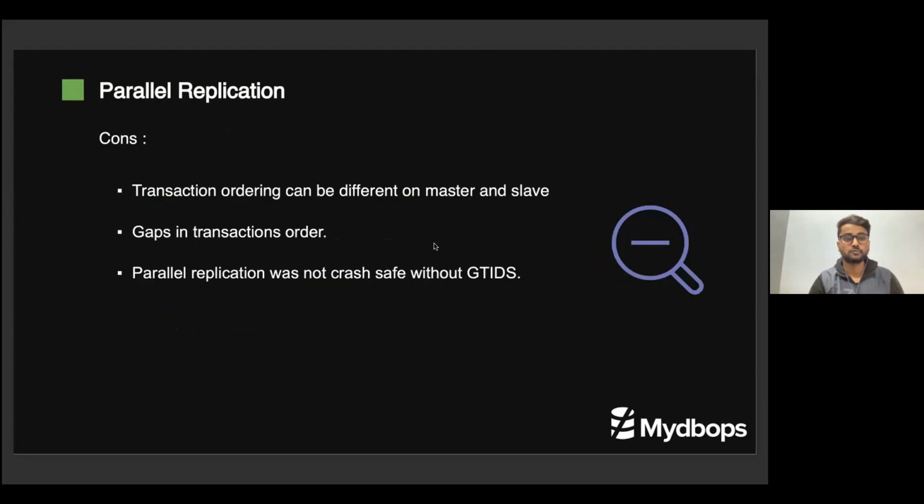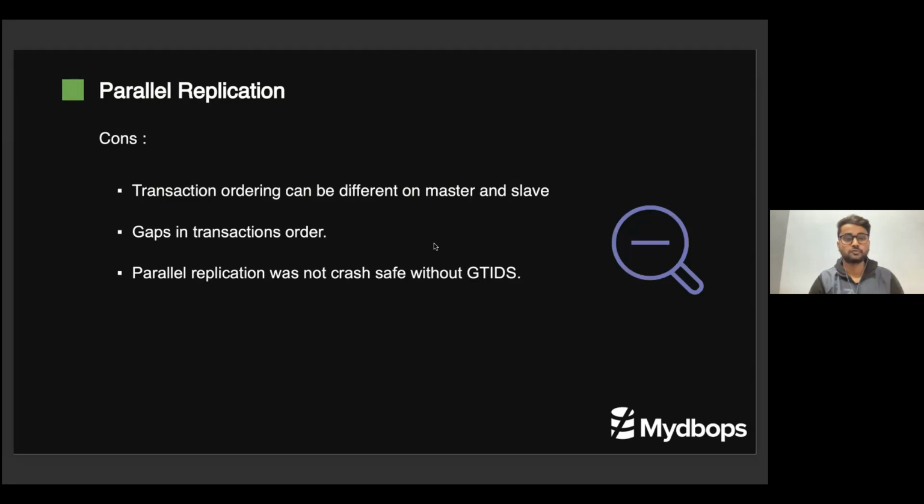So the cons of parallel application: transaction ordering can be different on master and slave, and there can be gaps in transaction order. Gap means that transactions are applied in a sequence, but a later transaction may have been applied while the older transactions are still in the queue and have not been applied.